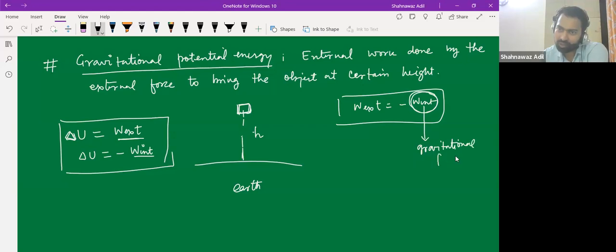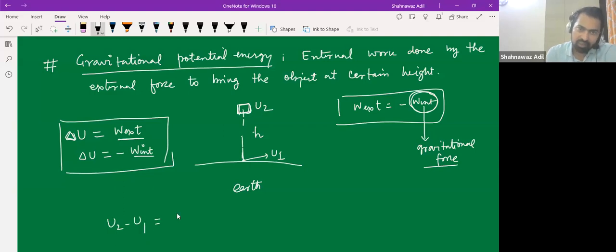And external force, whenever you apply the force against this gravity, that would be the external force, right? So let's say at this point there would be some u1, and at this point this is u2, right? So delta u would be u2 minus u1, and minus of what did we calculate in bringing this object to this site?